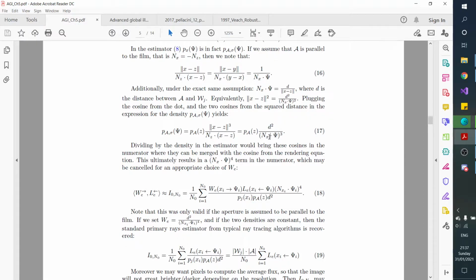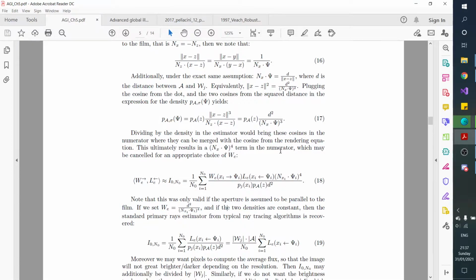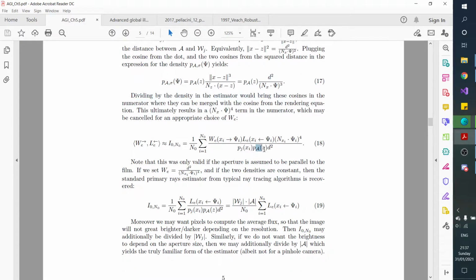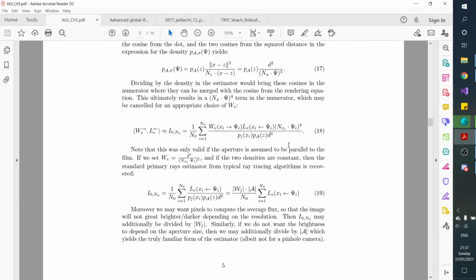And ideally, if you don't want this to affect the brightness of your image, get vignetting or whatever, then you say, okay, I choose my sensitivity function, WE, to cancel out this term, so to cancel out this density here, and to cancel out the cosine. So if you do that, then the brightness won't change.